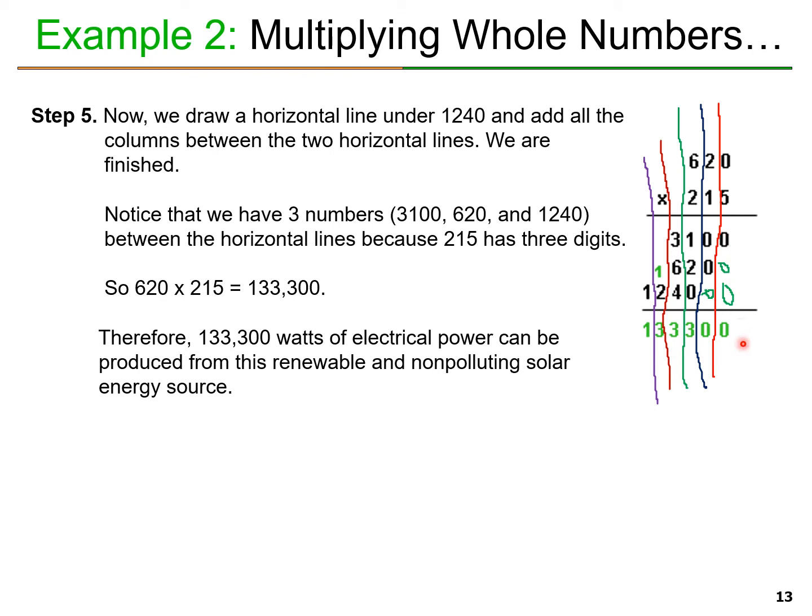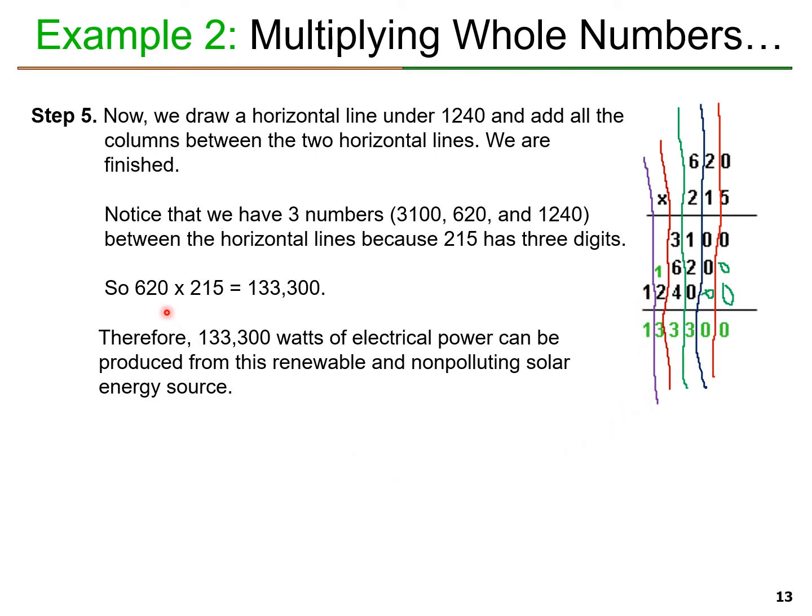And we're going to add all of the numbers in each column. 0 plus 0 plus 0 is 0. 0 plus 0 plus 0 is 0. 1 plus 2 is 3. 3 plus 6 is 9. 9 plus 4 is 13. We write down the 3 and carry the 1 over to the next column. 1 plus 2 is 3. 1 plus nothing is 1.